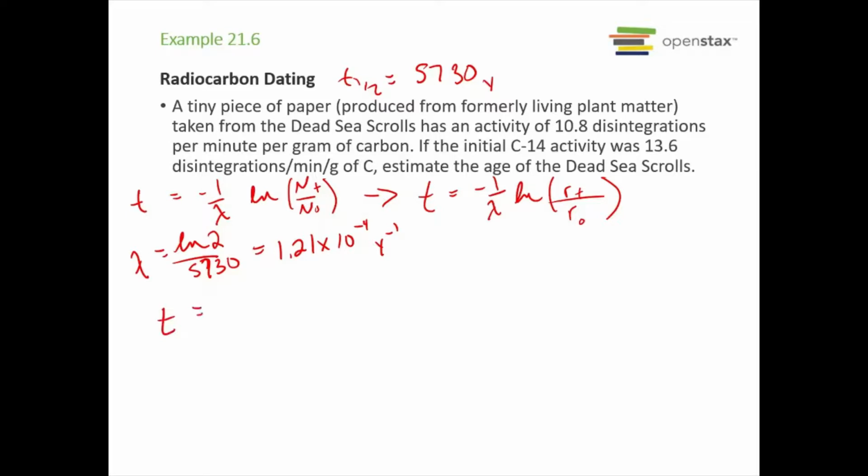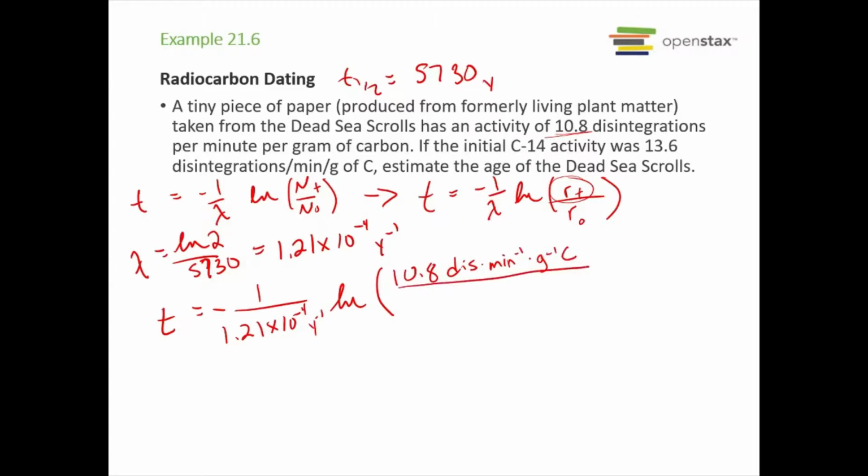So now t is going to equal -1 over 1.21 times 10 to the -4th inverse years times the natural log of our rate at time t, which is 10.8 disintegrations per minute per gram of carbon, divided by our initial rate, which is 13.6 disintegrations per minute per gram of carbon.